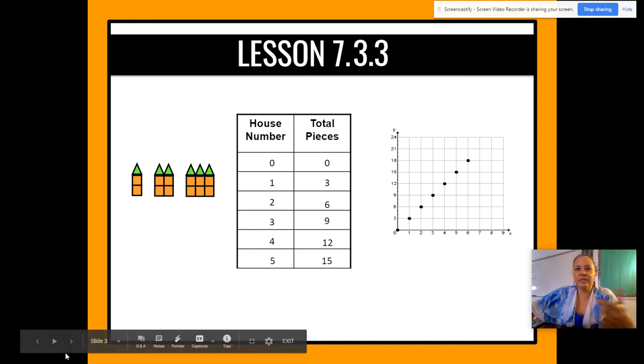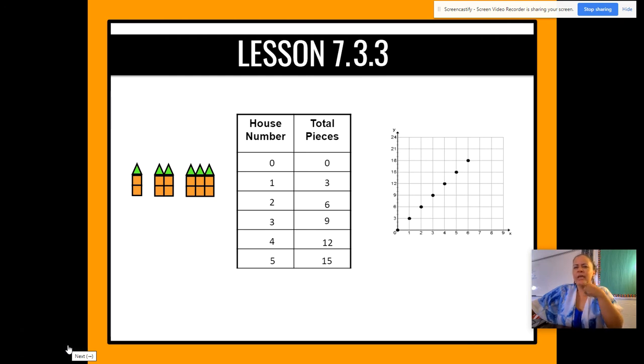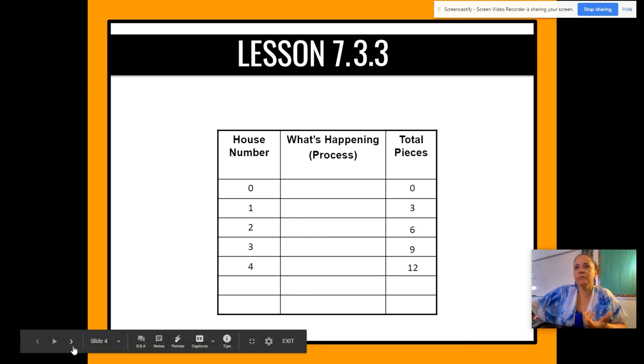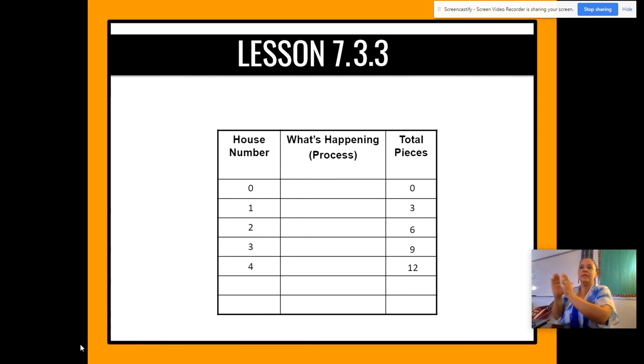So I want you to consider what's happening between the house number and the total pieces. So if I ask you, can you predict how many total pieces are in house 10? What would you do? Okay, so let's think about what's happening now between the house number and the total pieces.